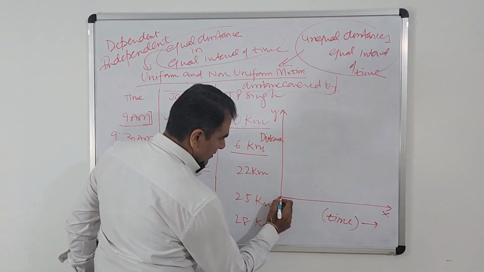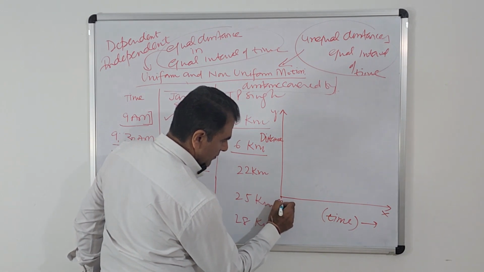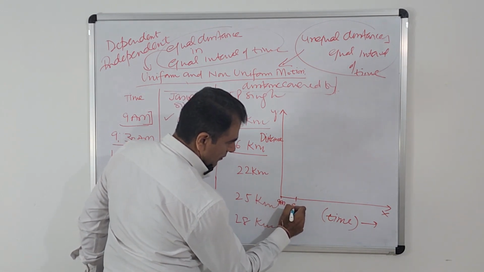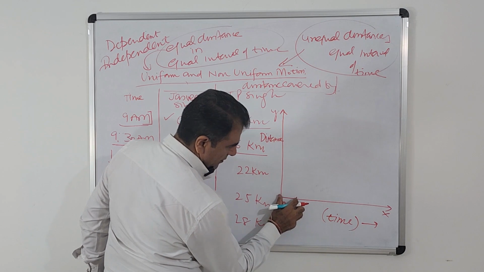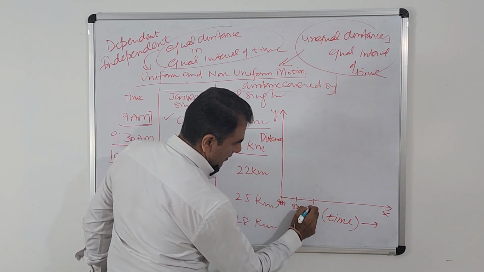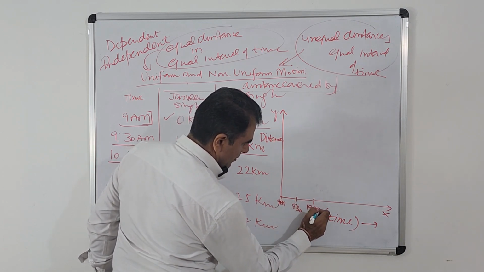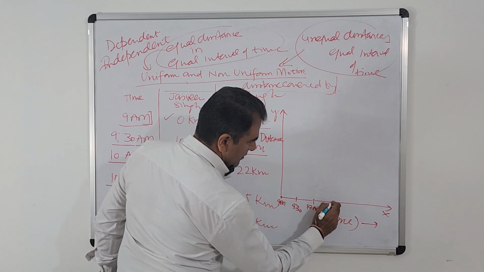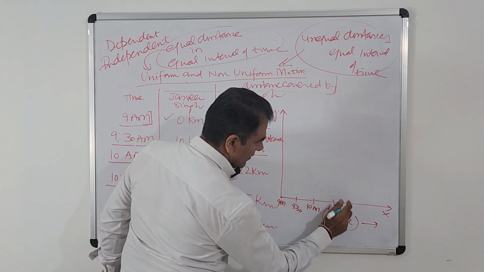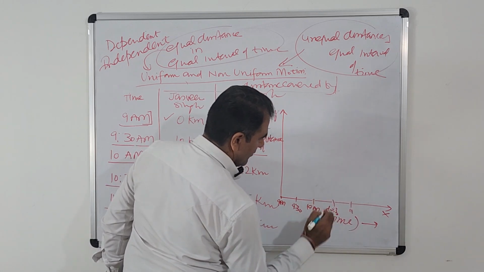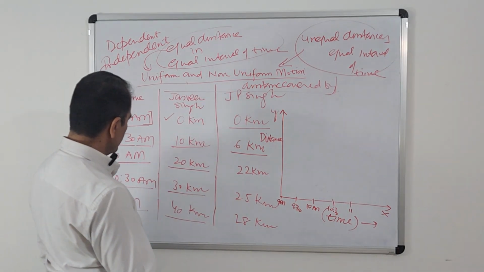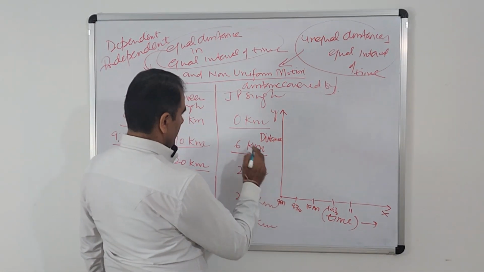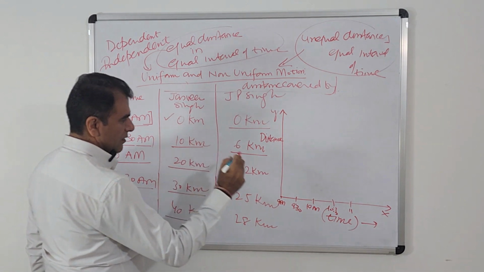Time is 9. Just put here 9 a.m. Equal interval, 9:30. Then same, 10. Then same, 10:30. Then same, 11. Okay. Here the scale is 0 to 40.